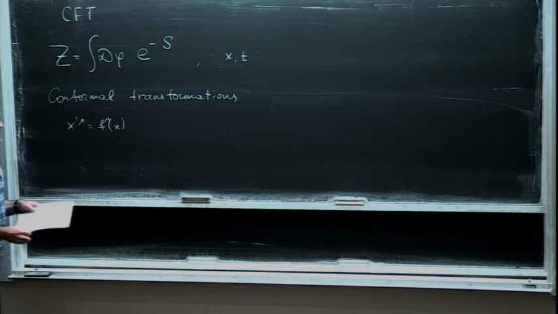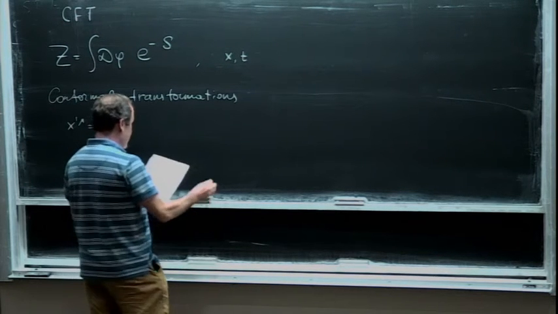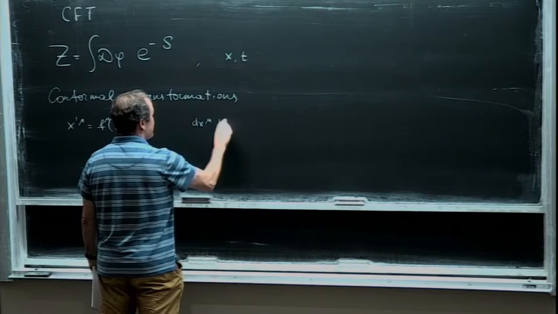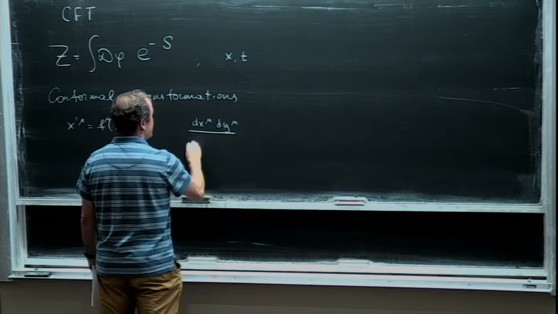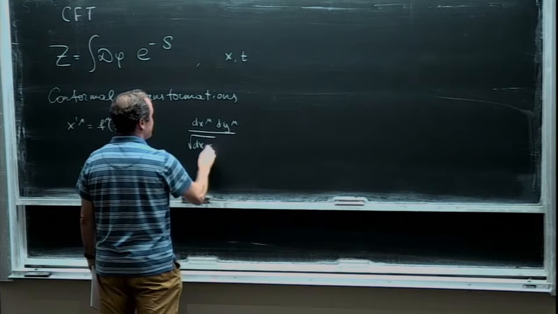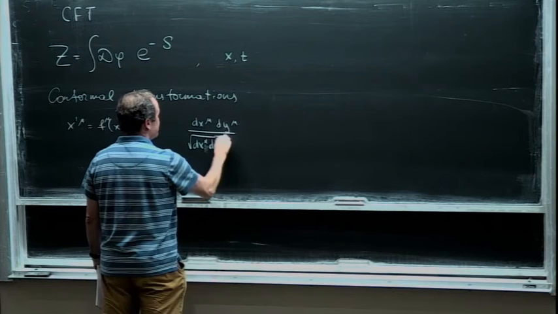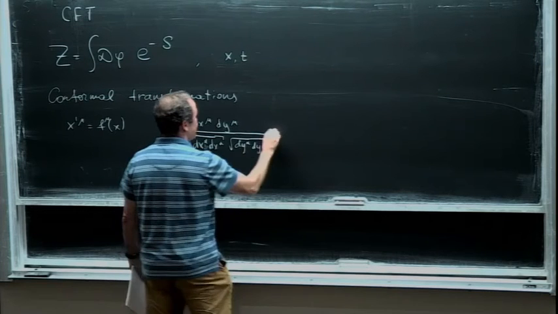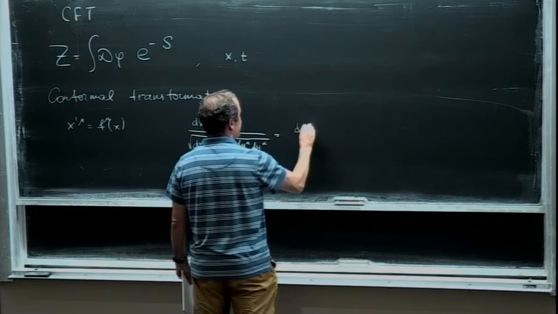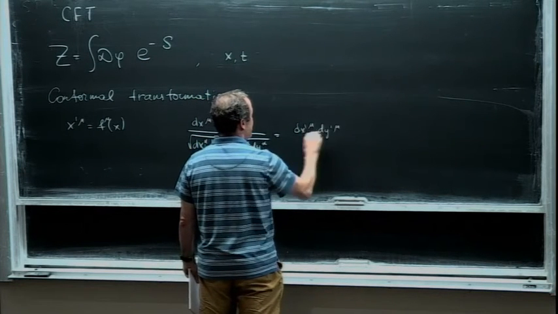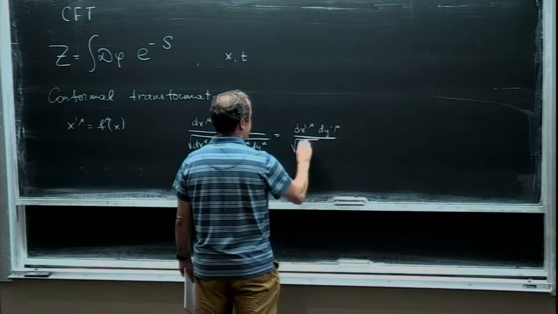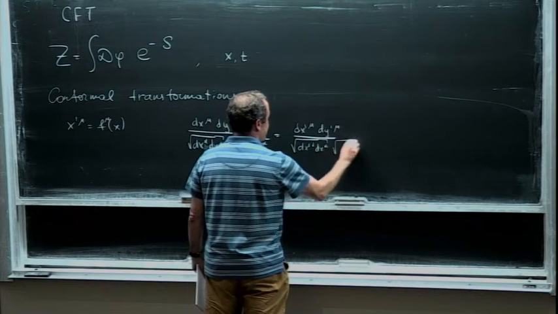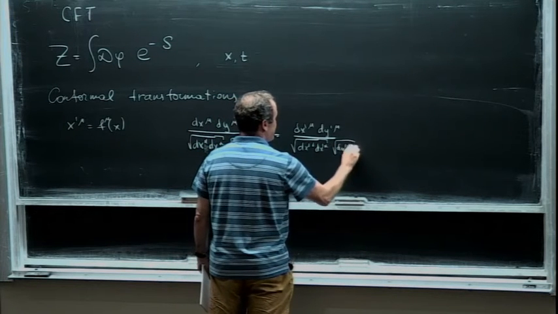And so that can be defined in the following way: dx^mu dy^mu divided by the square root of dx^alpha dx^alpha times dy^alpha dy^alpha is equal to dx'^mu dy'^mu divided by the corresponding square root of dx'^alpha dx'^alpha times dy'^alpha dy'^alpha.